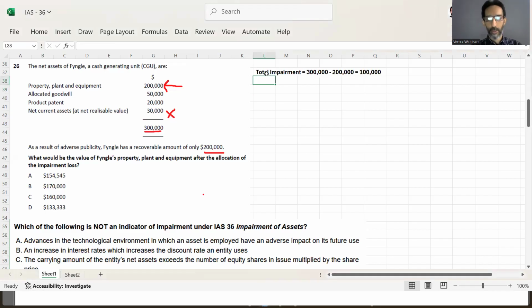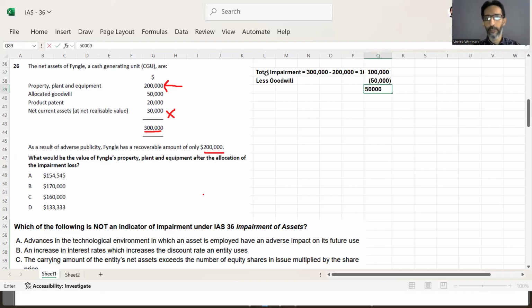This will be taken over first by the goodwill, because the goodwill is totally consumed. So the impairment is 100,000, and goodwill takes over 50,000.